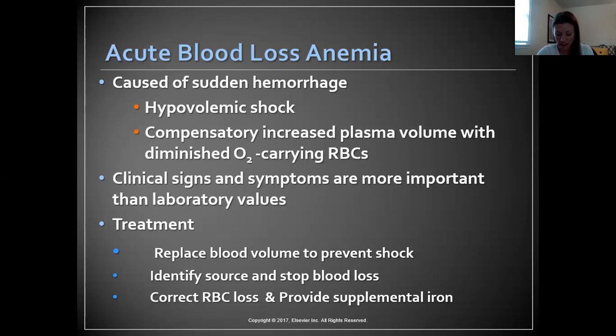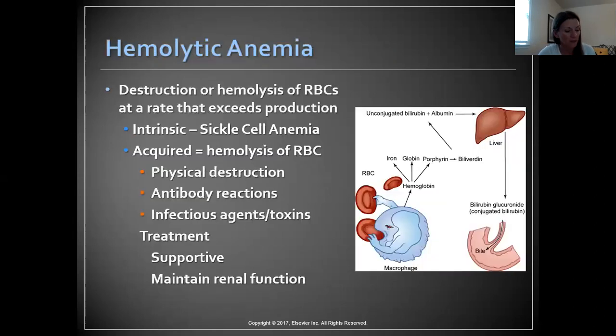However, over the next 36 to 48 hours, most of the blood volume deficit will be replaced by the movement of fluid from the extravascular into the intravascular space. Only at the later times will the hemoglobin and hematocrit reflect the blood loss.